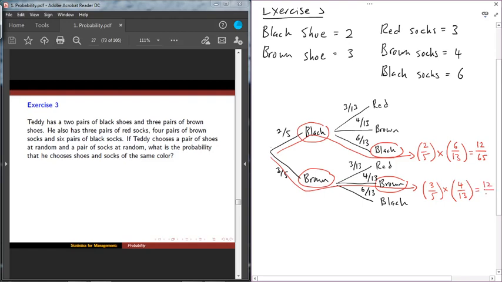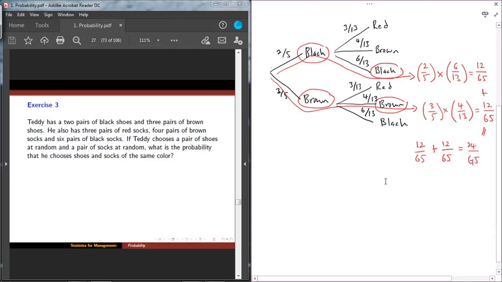This is also 12 over 65. You will add them.